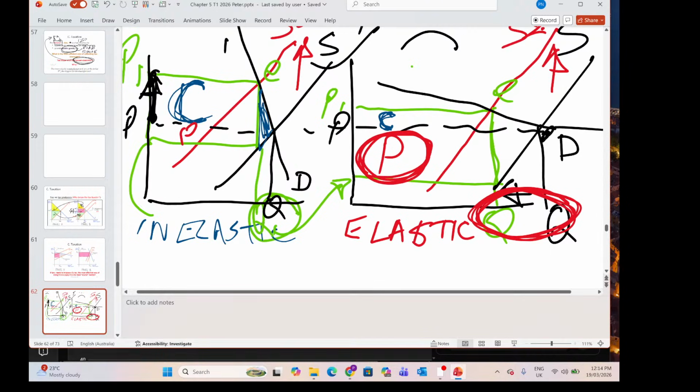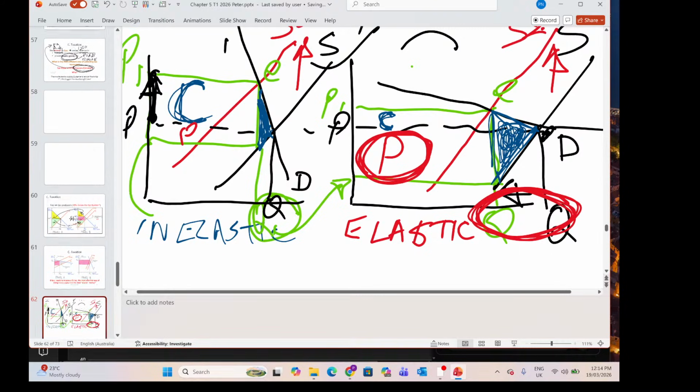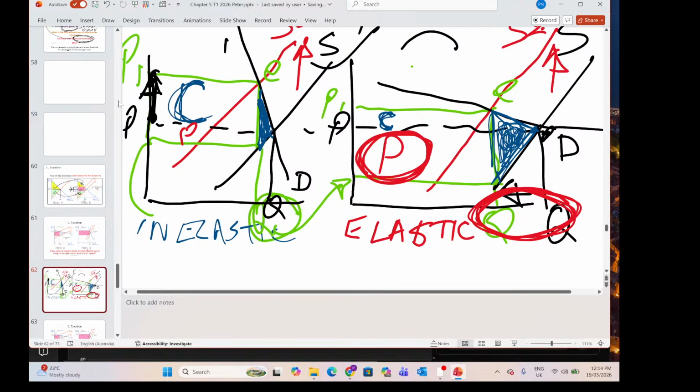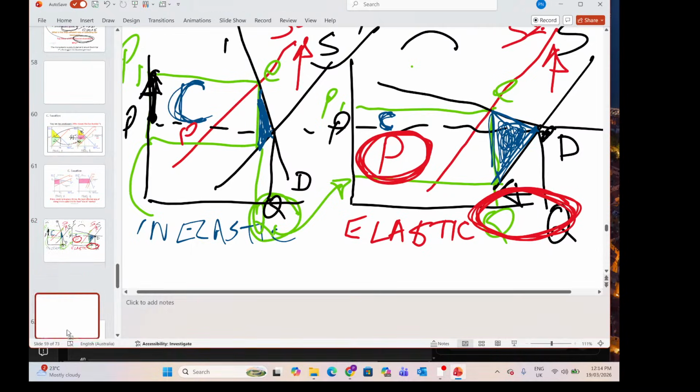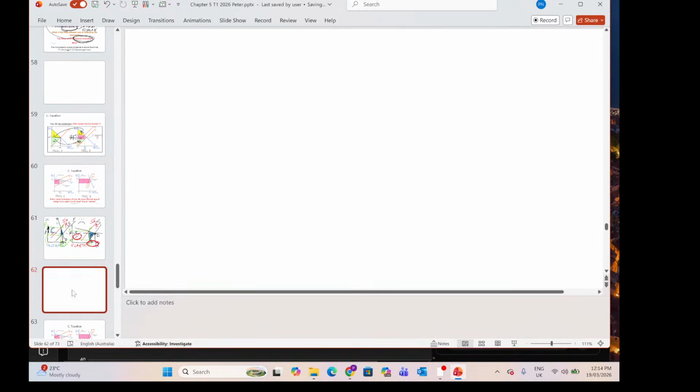I'm shading in the dead weight loss of the price inelastic good, and then I'm shading in the dead weight loss of the price elastic good. So we could summarize this. I'll move the slide down and I'll summarize this just by writing a couple of notes for you.